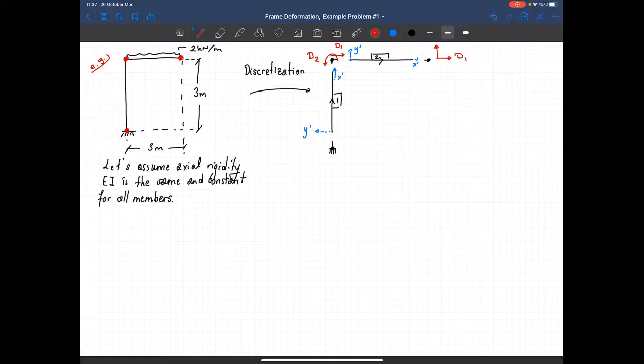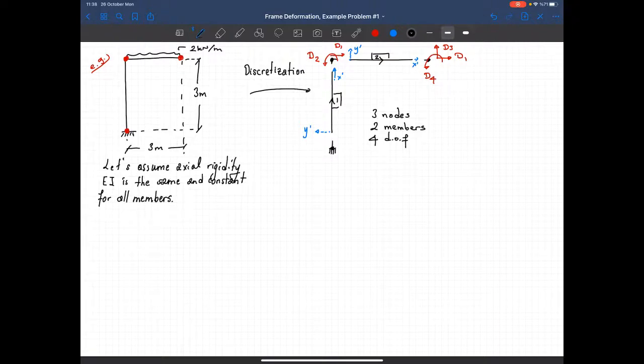The answer is yes. That's D3. Can it rotate? Yes. That's D4. So in this structure, I got 3 nodes, 2 members, and 4 degrees of freedom.